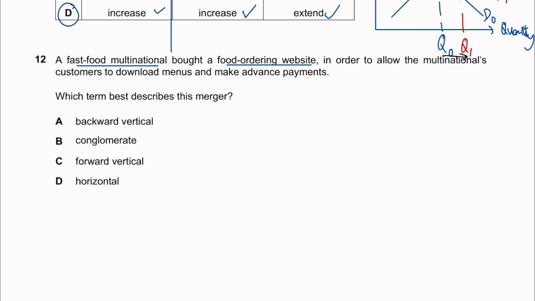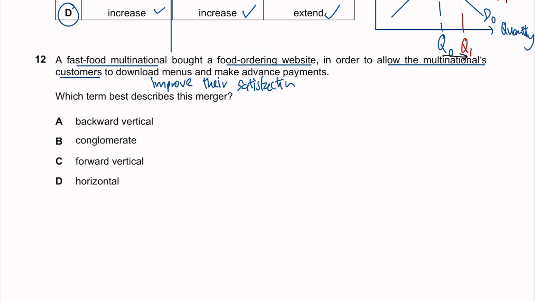A fast food multinational bought a food ordering website, which allows the customer to download menus, generally to improve their satisfaction. Let's see.